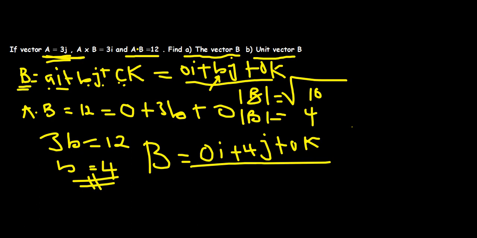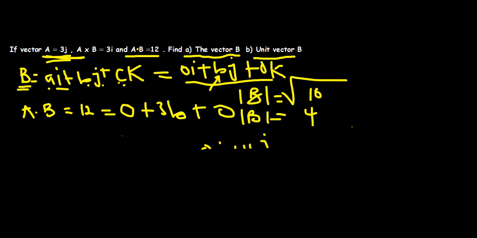For us to find the unit vector of b, we divide the vector b, which is just 4j, by its magnitude, which is just 4.